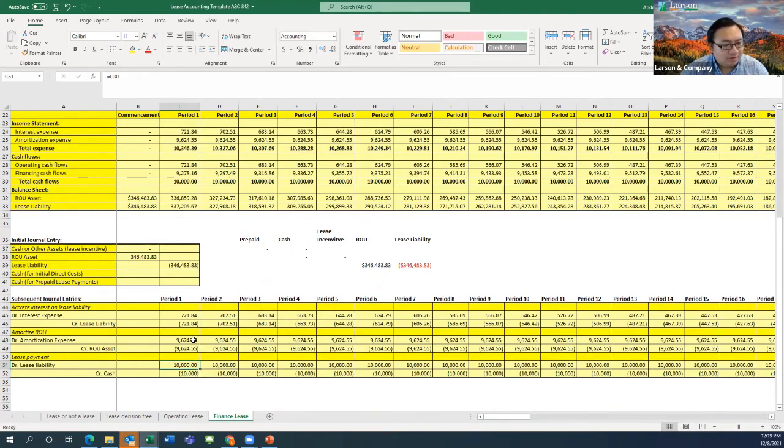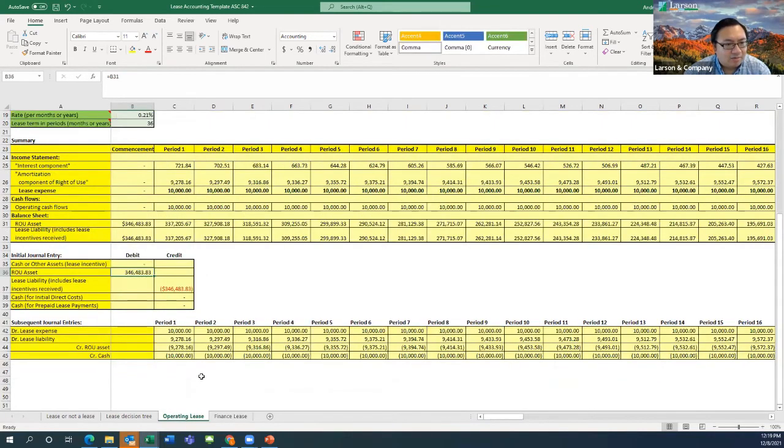So as you can see here, for the same $10,000, there's actually going to be more expense in the finance lease, using the finance lease method, because we are actually calculating all of the interest expense and the amortization expense independently.